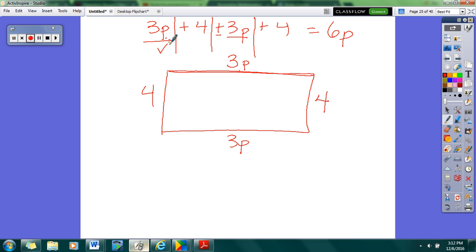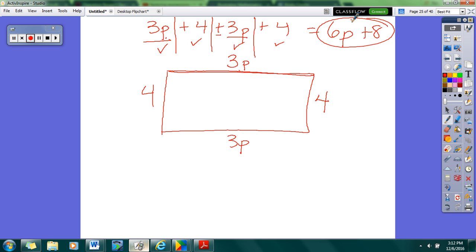Since 4 does not have a variable, I can only combine it with something else that does not have a variable. So I'm going to combine positive 4 plus positive 4. 4 plus 4 is 8. And my simplified expression is 6P plus 8.